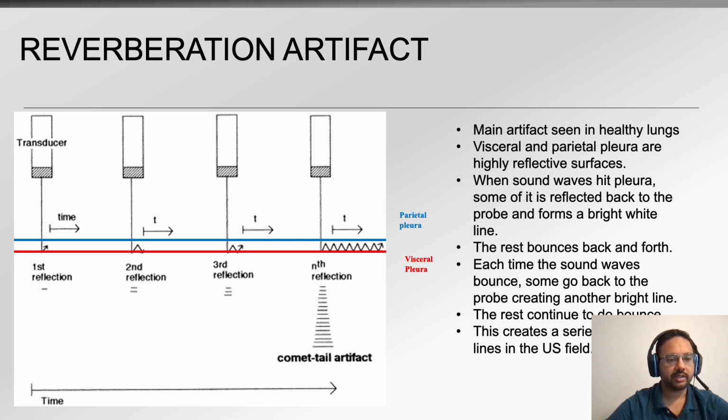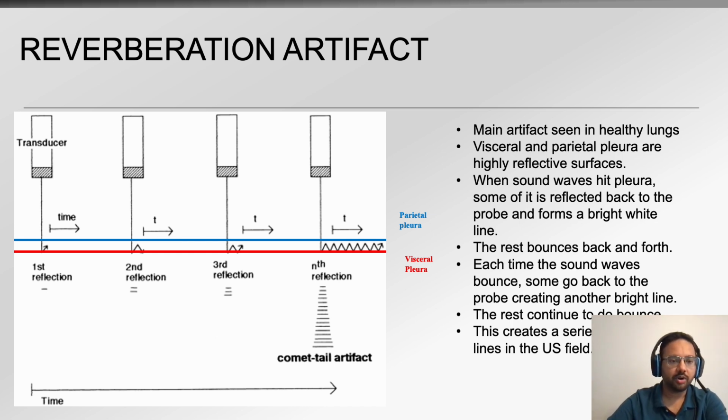So there is this back and forth bouncing. However, each time there is this bouncing, there is also some amount of ultrasound beam that goes back to the probe. Each time there is something that goes back to the probe, it creates a hyperechoic white line, and the subsequent ones are all going to be parallel, but they are going to be further and further from the first line.